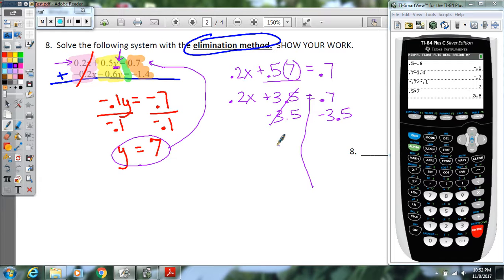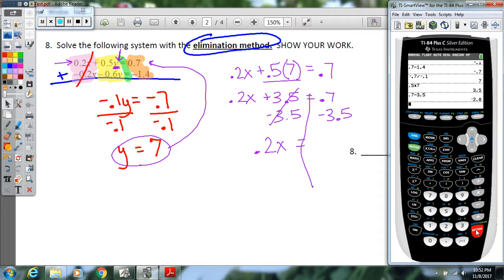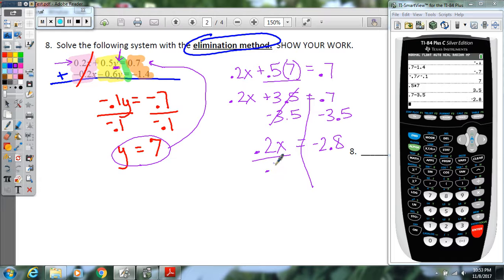On this side, the 3.5's cancel, leaving 0.2x, and it's going to be equal to, now on the other side, I've got 0.7 minus 3.5. And that gets me negative 2.8. So I'm going to bring that down. If you go back to the side with the x, those two numbers are being multiplied, so I'm going to divide by 0.2.